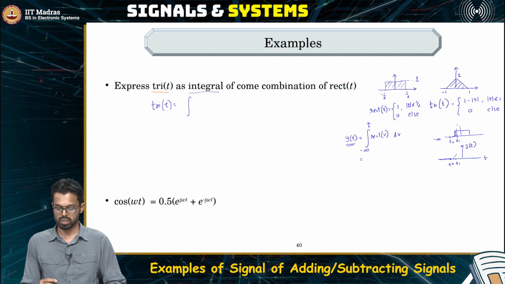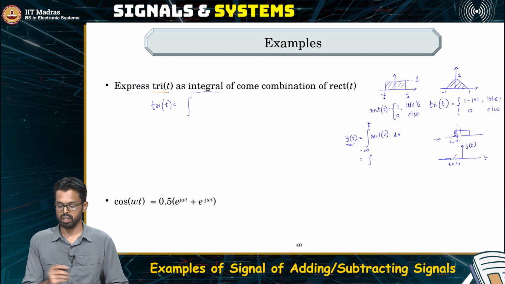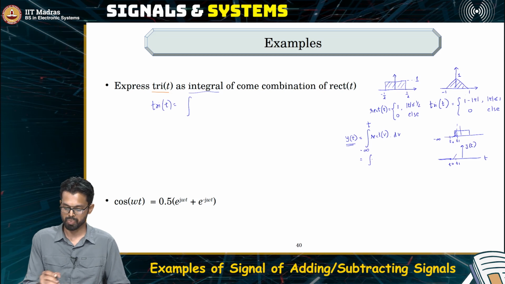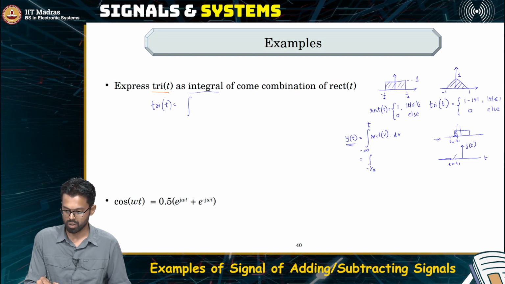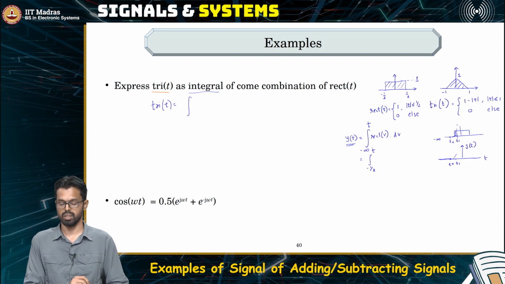So what is this? This is from minus infinity. Anyway, the function's value is 0, so it all starts only at minus half, up until t.